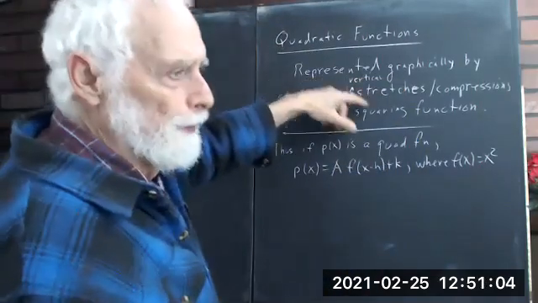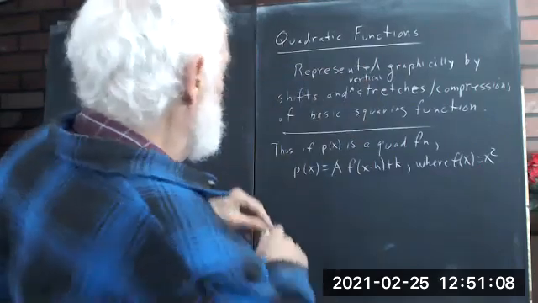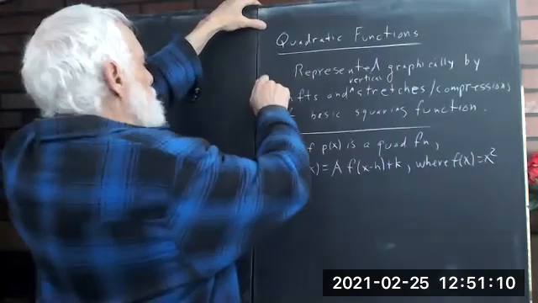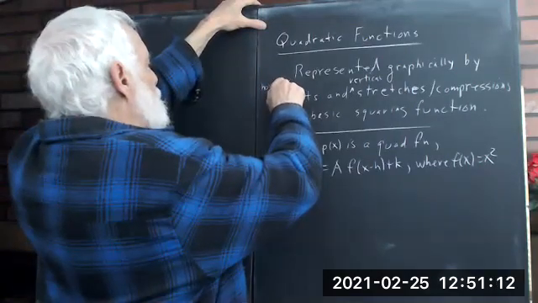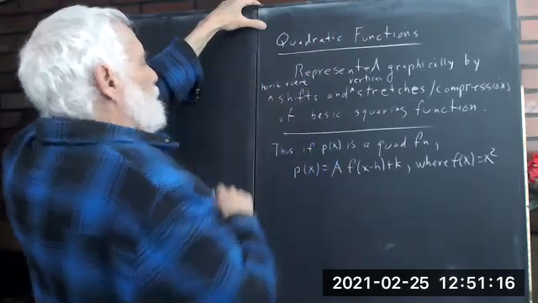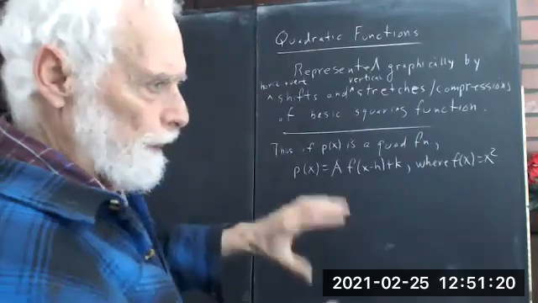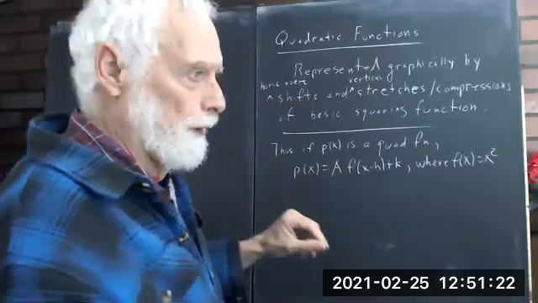It's not really necessary to say vertical stretches and compressions, but I'll include that because it doesn't restrict us. So I'll put in horizontal and vertical here on the shifts. Whether you can read that or not, it doesn't really matter because you understand what it is.